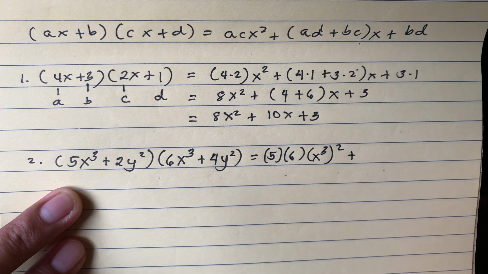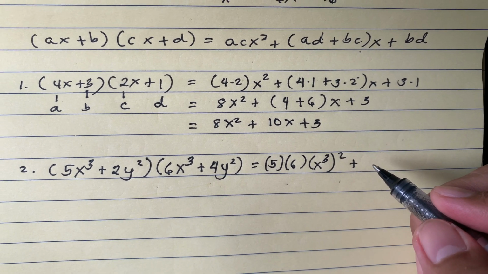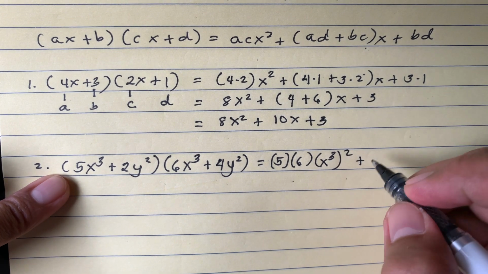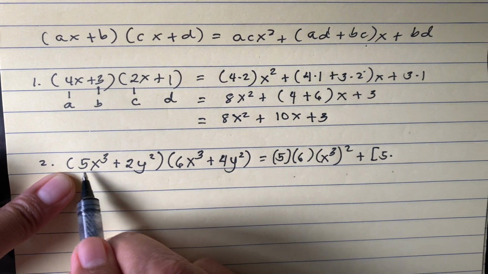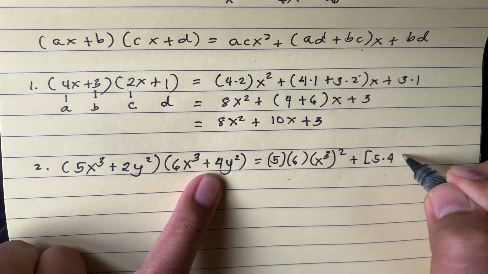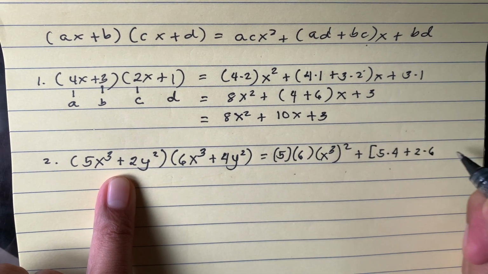Plus. Now, we are going to find your AD, the coefficients. So we have 5, this is your A, then your D, which is 4. 4 plus your 2 and your 6, 2 times 6.